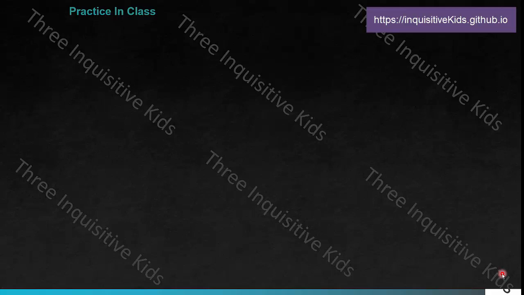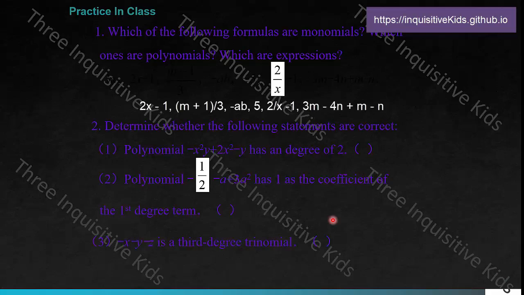Now you have the concept in hand, so let's use that and have some practice in class. 1. Which of the following formulas are monomials? Which ones are polynomials? Which are expressions? 2. Determine whether the following statements are correct. 1.